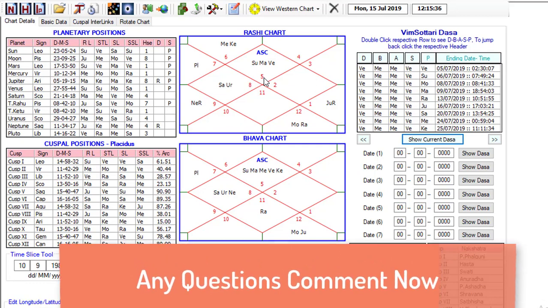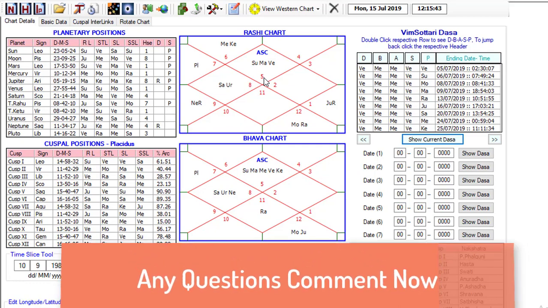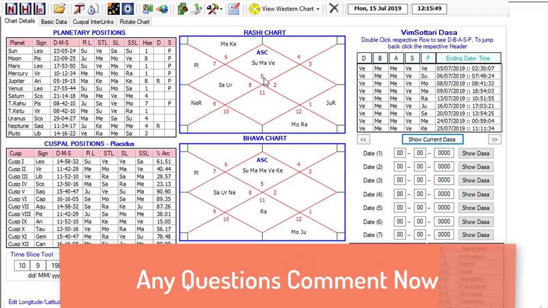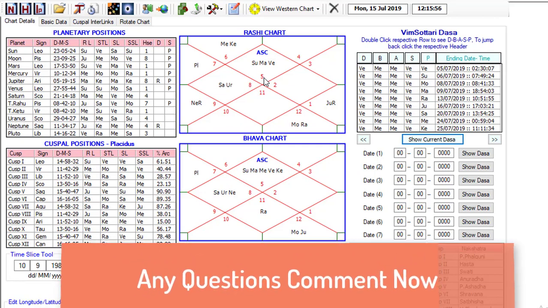The planets are Ketu, Venus and Sun. These are the 3 planets which own the Leo sign's nakshatras.